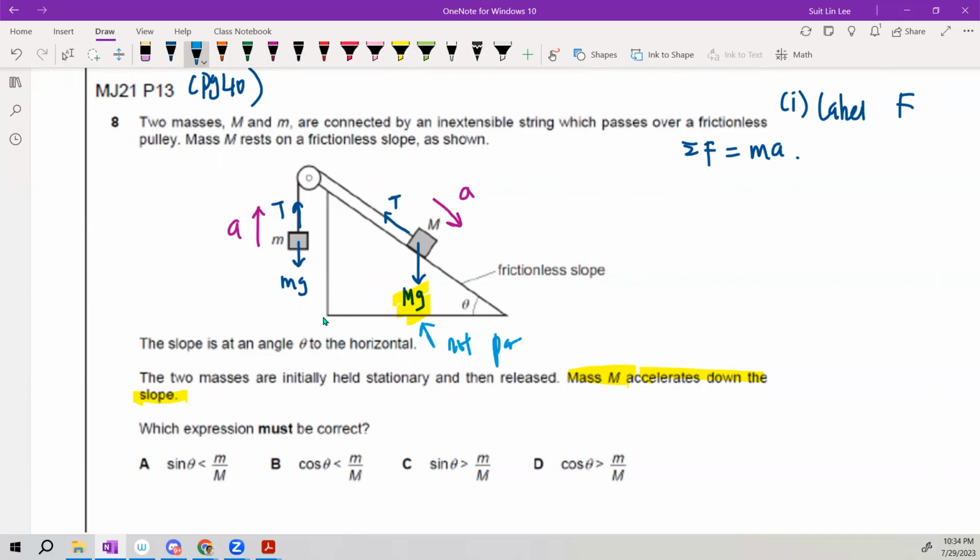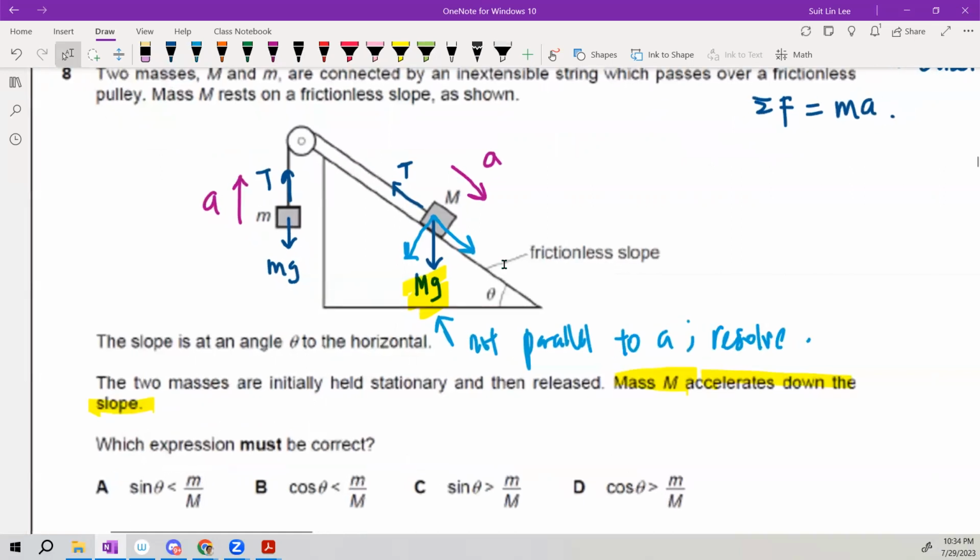And because it's not parallel to A, we will need to resolve. So we will take a component that is parallel to A, obviously, and another component that is perpendicular to the previous component. So think of all the resolution of vector questions that we have done so far. Okay.